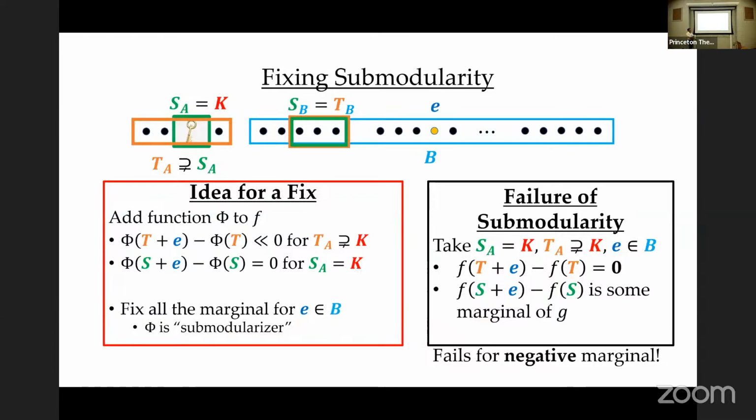In most places, unless you pick the key correctly, you'll only see phi. And for sets which don't contain the key or are contained in the key, there I don't need anything. I'll just say 0 because there is no violation of submodularity there. But for the things that are contained in the key or contain the key, I have to add fudge.